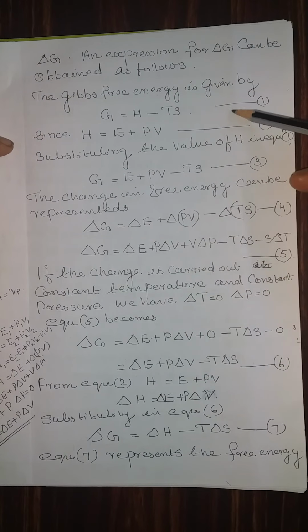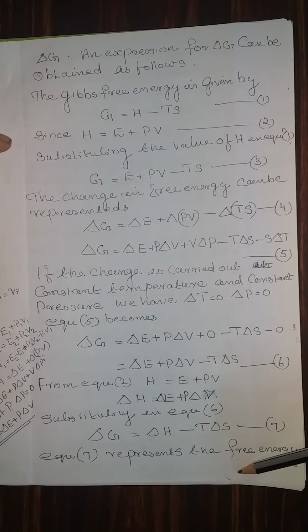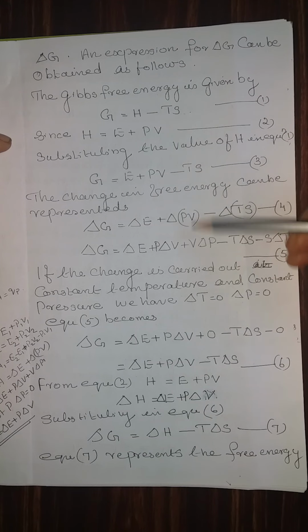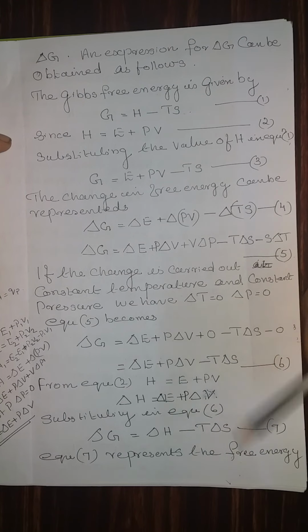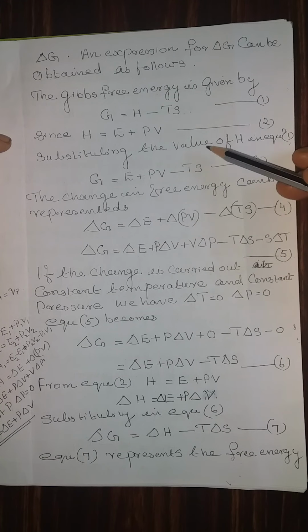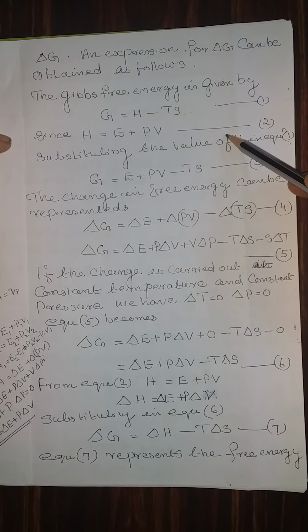That means we are going to derive an equation. By listening to the audio, if you are also able to derive the following equation and get the final answer, then we can feel that you understood the derivation, how delta G is derived.